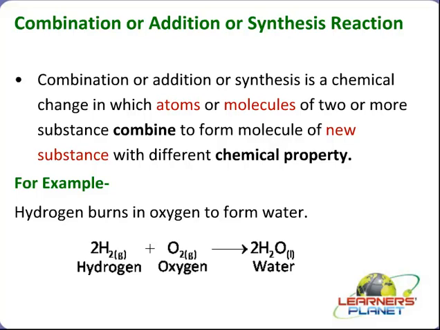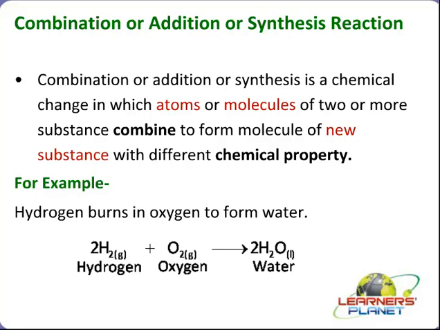For example, hydrogen burns in oxygen to form water. Now students, here hydrogen is a gas with its own properties. Oxygen is again a gas with its own properties. But when you heat hydrogen in air or in the presence of oxygen, what is formed here?